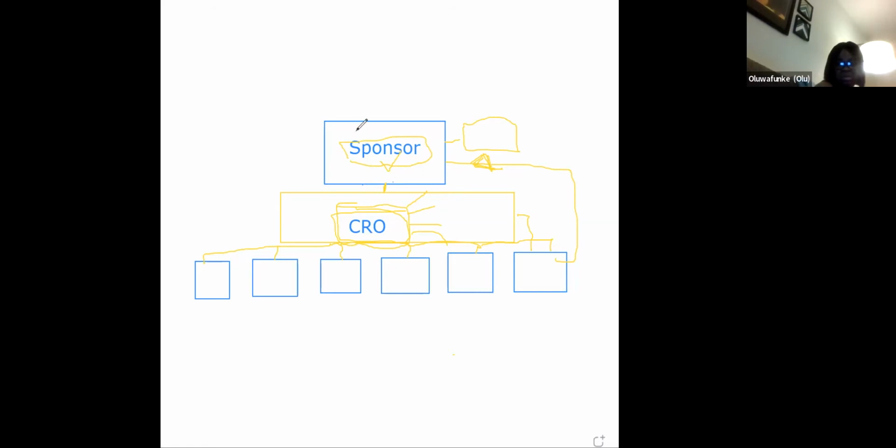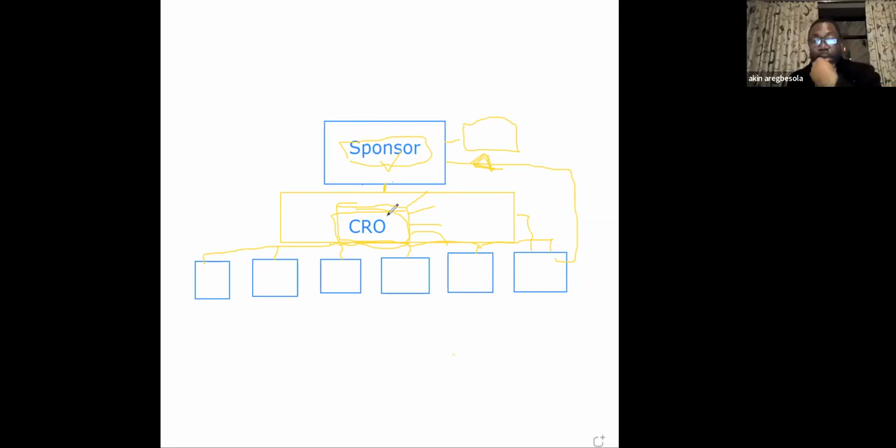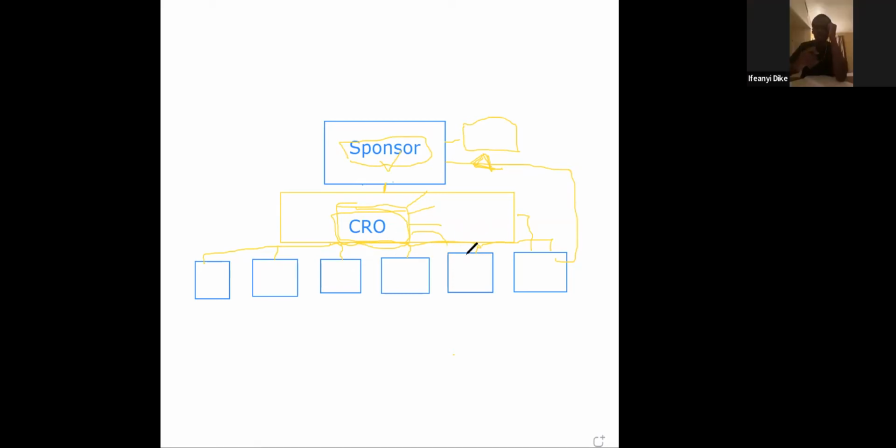Or another way to say it is the whole job of clinical research is connected to the CRO by the sponsor. Therefore, everyone involved in that job of clinical research, from those titles we were mentioning, works under the CRO.